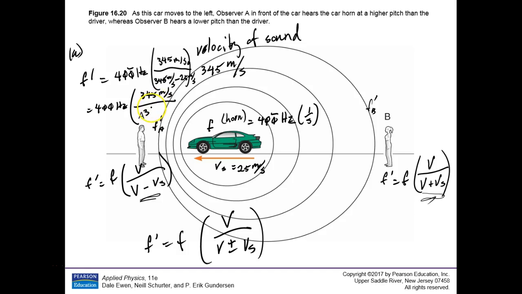What is it? 320, is that what you said? 320 meters per second. All right. Pull out your handy-dandy calculators and do the measurements. 400 times 345 divided by 320. Or you could do 345 divided by 320, multiply that by 400. Doesn't matter what order you do them, just do them.